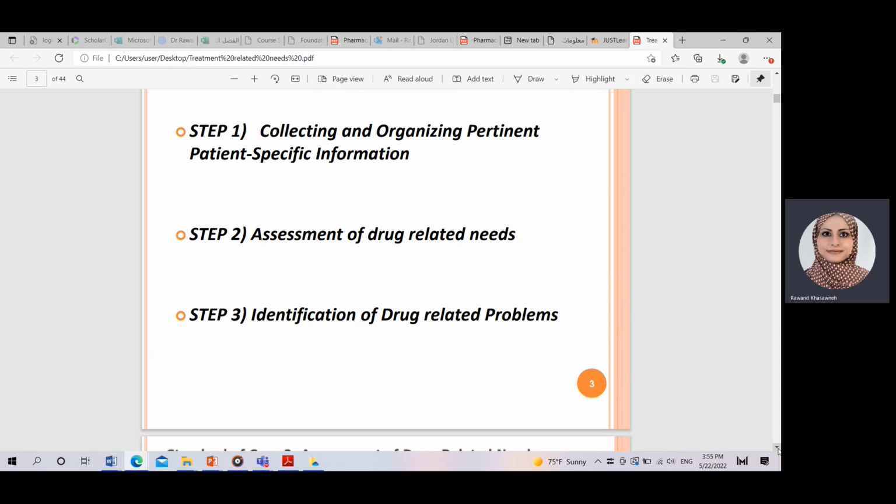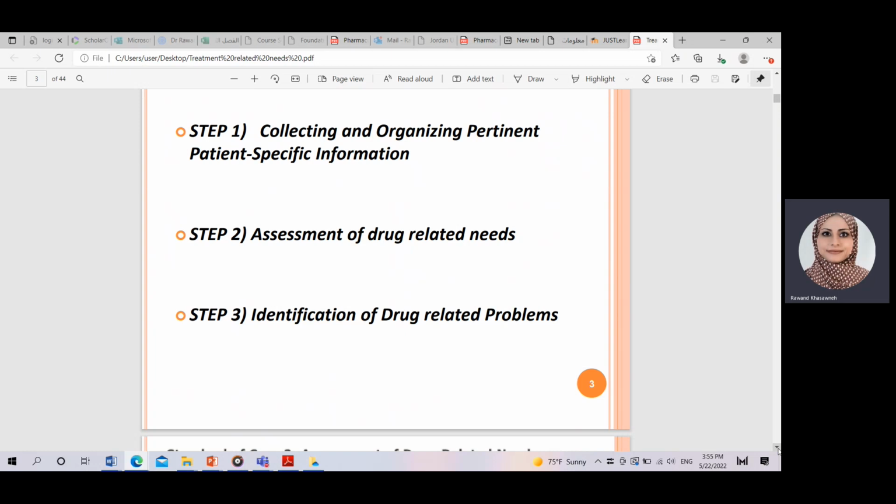Besides, it's also important to get information related to the medication history, including a history of adherence and compliance with different prescribed medications. In this section, we can also collect information related to the review of systems, vital signs, laboratory measurements, and other diagnostics that were done to the patient.